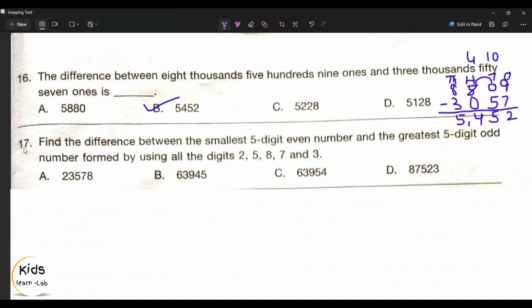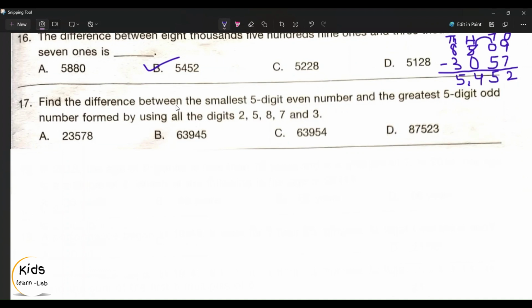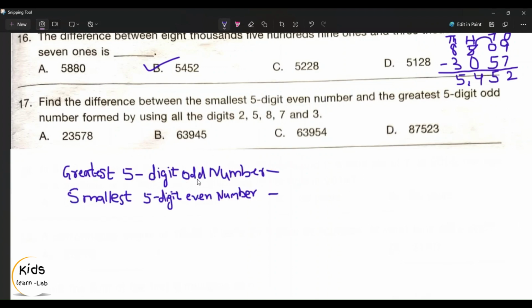17th question. Find the difference between the smallest 5-digit even number and the greatest 5-digit odd number formed by using all the digits 2, 5, 8, 7 and 3. So greatest 5-digit odd number formed from the given numbers is arranging the numbers in descending order 8, 7, 5, 3, 2.